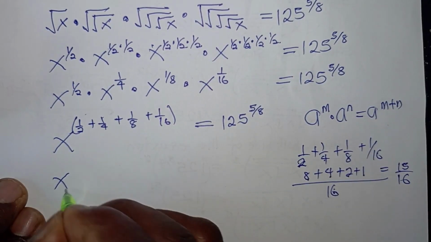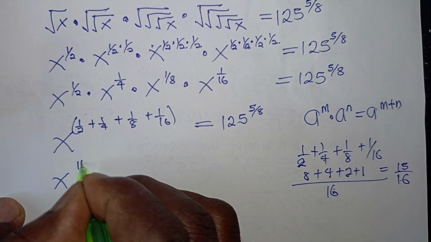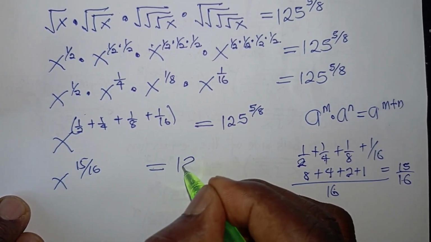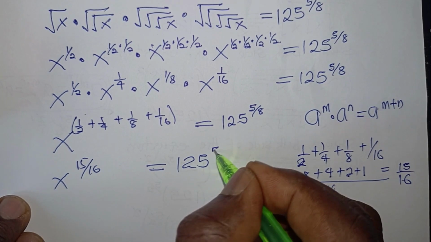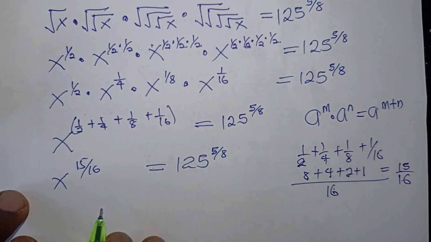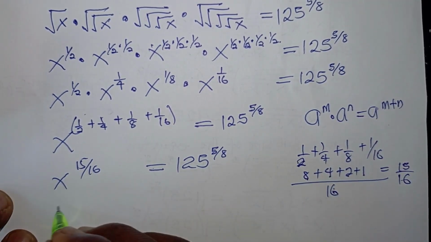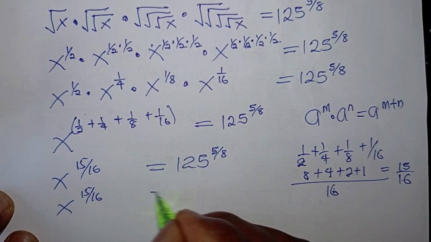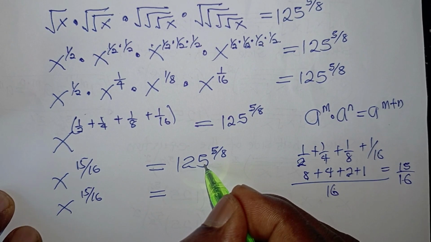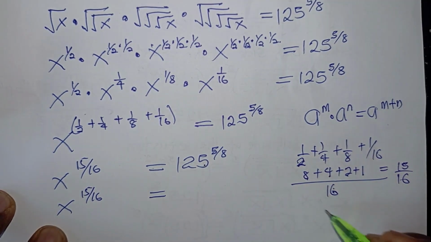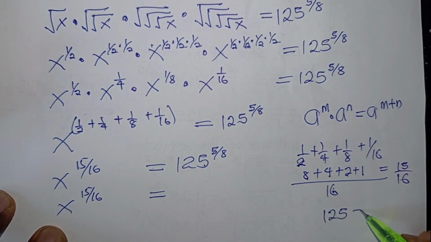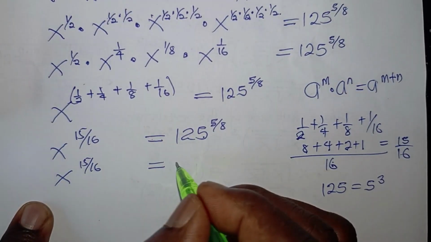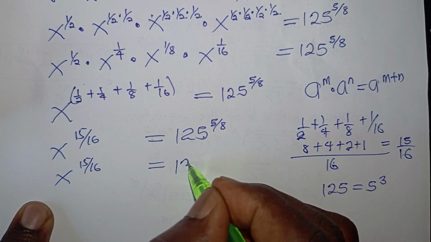So here we have x to the power 15 over 16, which equals 125 raised to the power 5 over 8. Alright, so here we write this one as x to the power 15 over 16 and try to break this one. 125 is the same as 5 to the power 3.